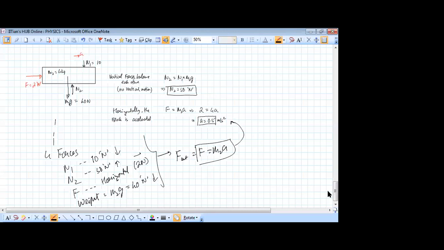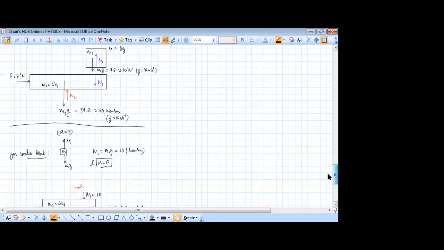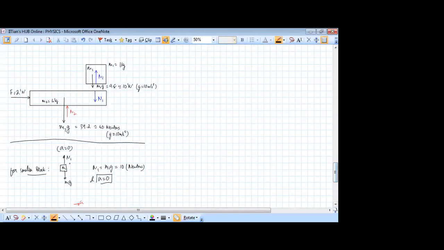From that we have got the acceleration as this. That is the story of the lower block, whereas the story of the upper block is very simple. It's just doing this. Its weight is balanced by the normal reaction. We are not applying any horizontal force on it, so it will remain where it is.